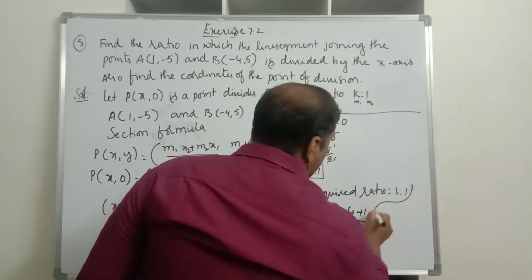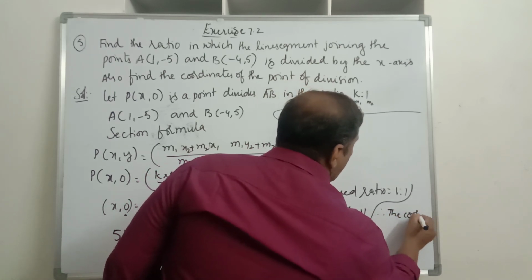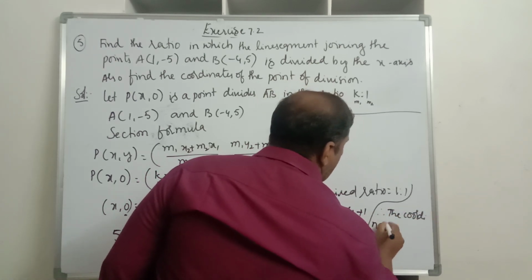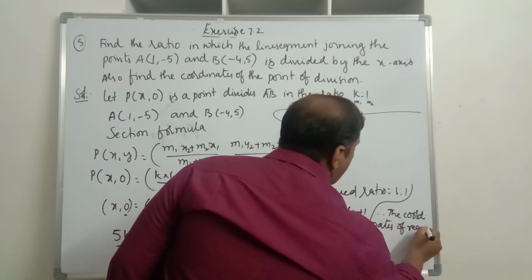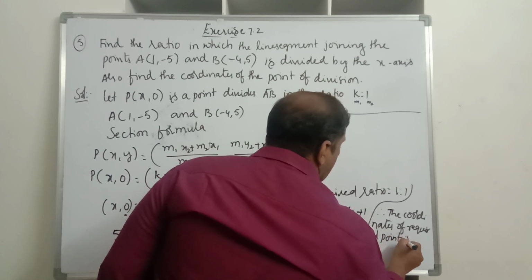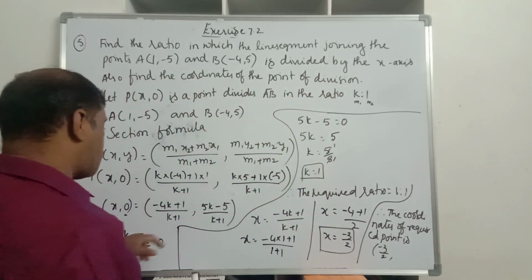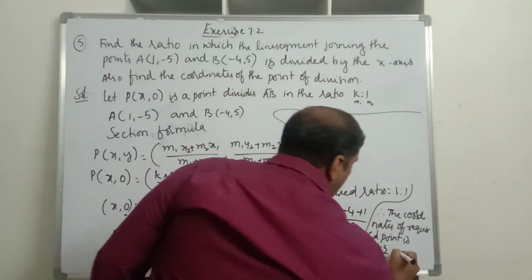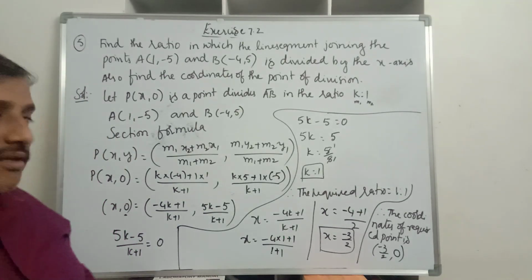Therefore the coordinates of the required point is x is equals to minus 3 by 2 and y is equals to 0. Therefore the coordinates of the required point is minus 3 by 2 comma 0.